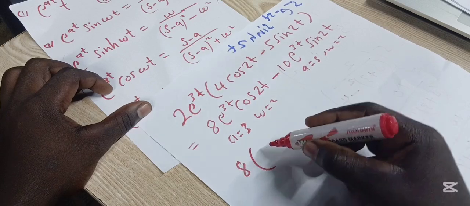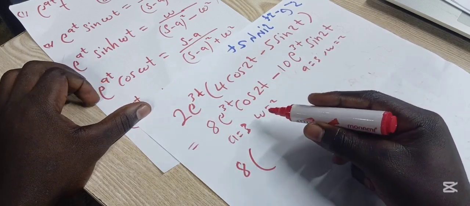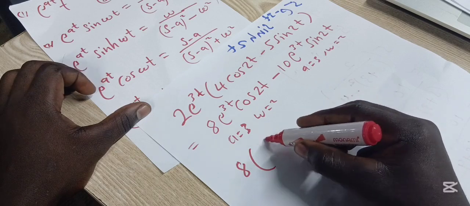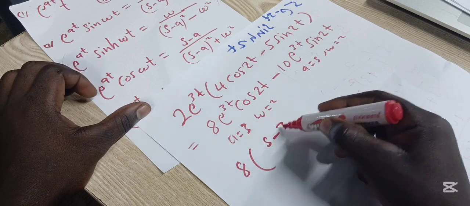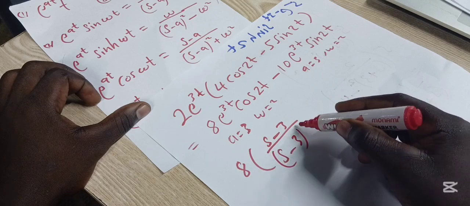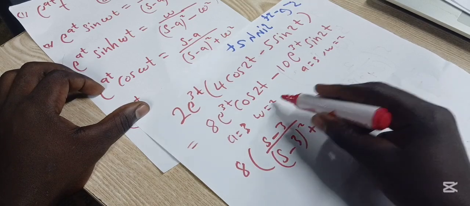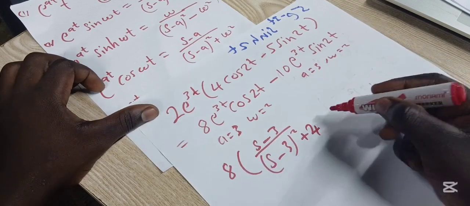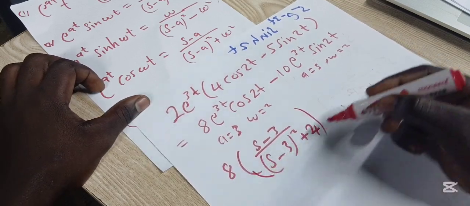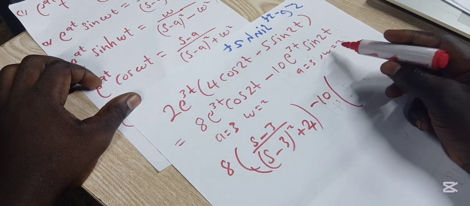So 8 times s minus a, and our a is 3, all divided by s minus 3 squared plus w squared, which is 2 squared, giving us 4. And here, we have minus 10 multiplying the sine.